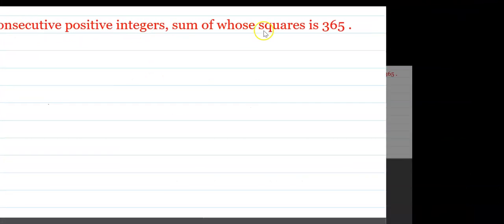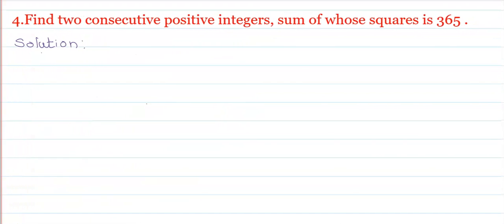Find two consecutive positive integers, the sum of whose squares is 365.